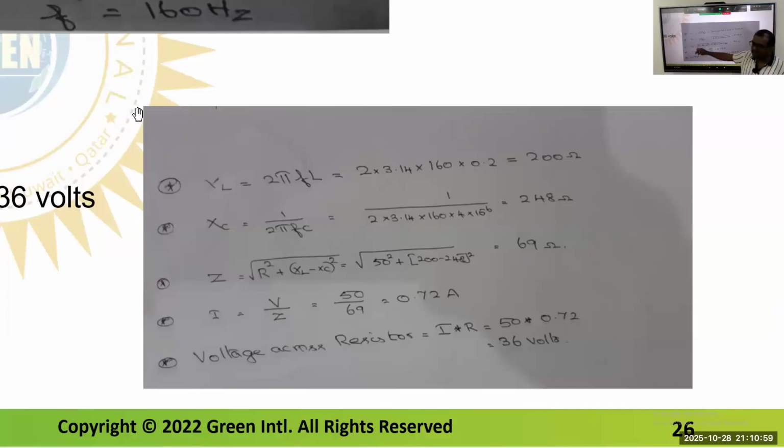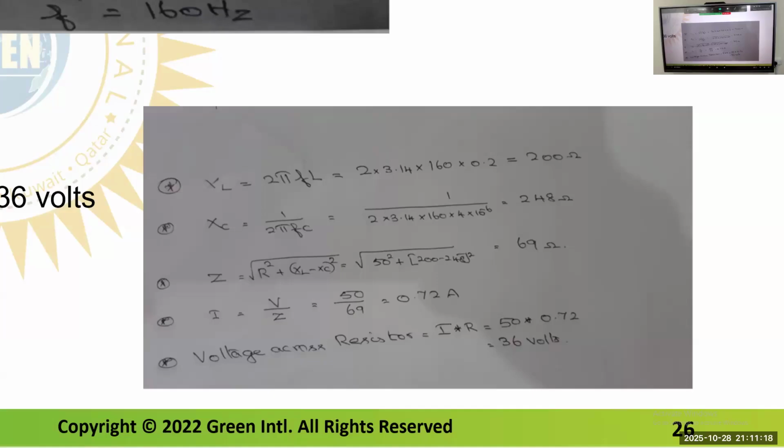First find XL, 2 pi FL, we substitute the values, we get 200 ohms. Then XC, then Z, then total current into resistance, voltage.